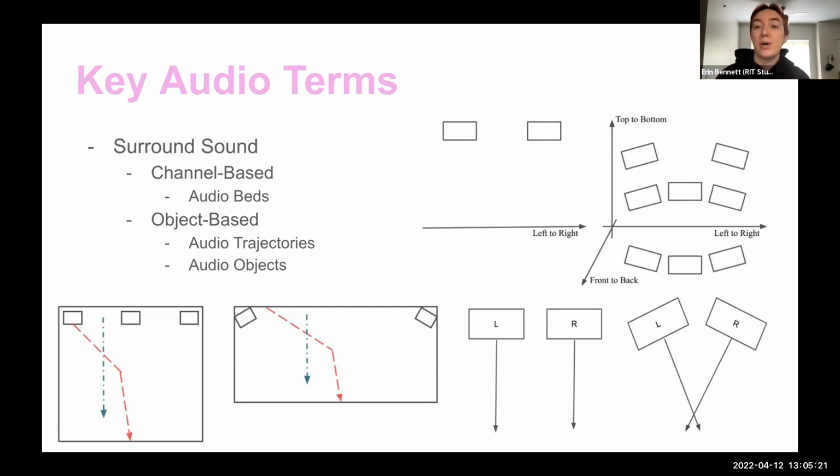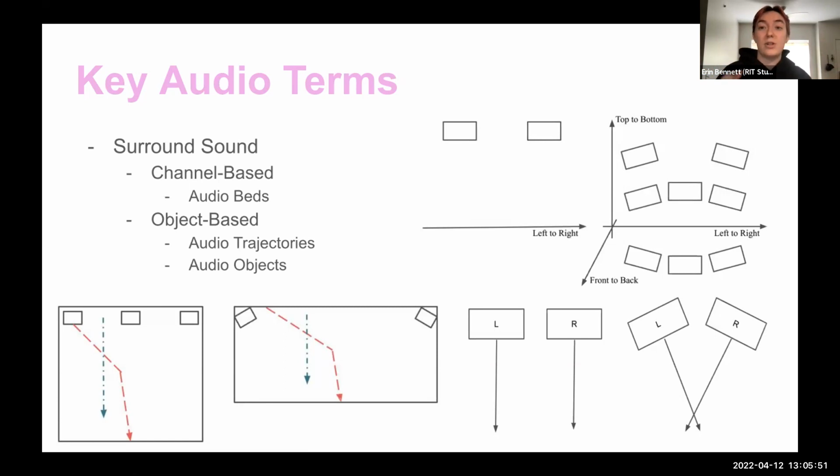The main difference with audio objects is instead of having panning information hard-coded, it has the trajectory hard-coded. So if I have my blue arrow in the left side of this image here, and I say I want it to travel this way across the room, I save that information and then I bring it to a middleman called a renderer. The renderer then takes that information, it knows how the audio is supposed to travel, and it also knows what the room looks like and what speakers I have available.